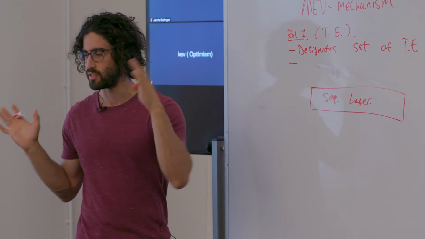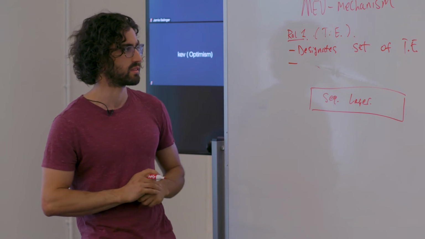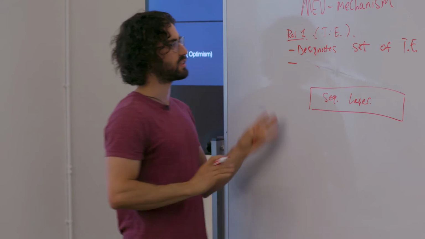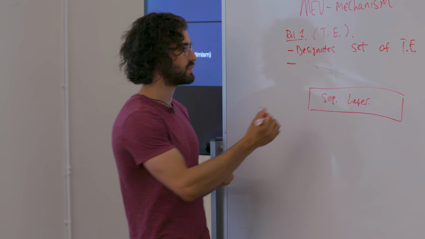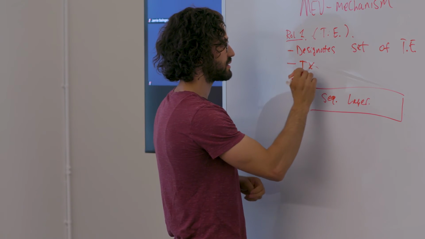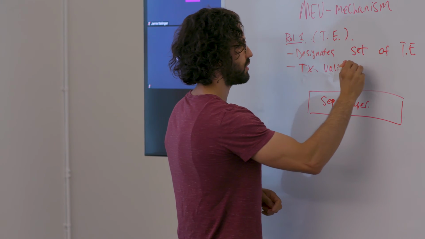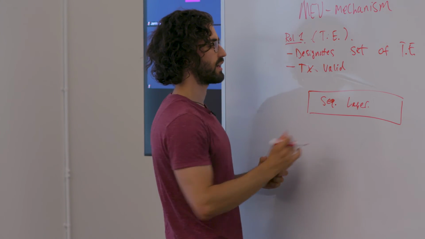And that will be important for the discussion of what the trade-offs are of having this separate set of servers that's in charge of something. So in this case, the set of servers that's specific to this rollup will be threshold encrypting every transaction. So the transaction is valid for the rollup if and only if it's threshold encrypted under the correct key.